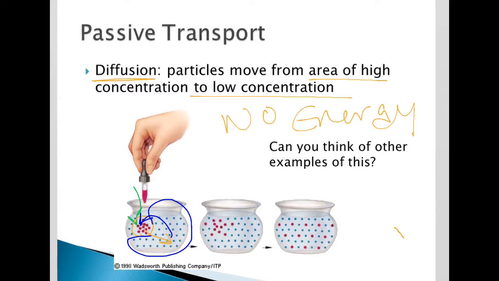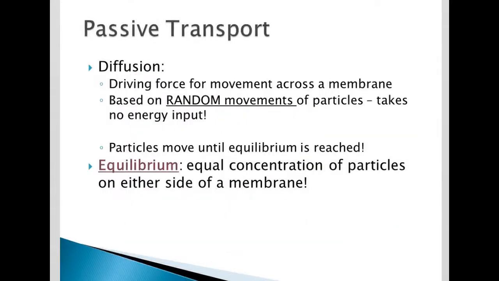And so ultimately, we end up getting very diffuse and spread out food coloring, and you didn't need to mix it. You don't need to have it at a certain temperature. It will naturally go from that high concentration to the low concentration if given enough time. The driving force for diffusion is based on random movements of particles.